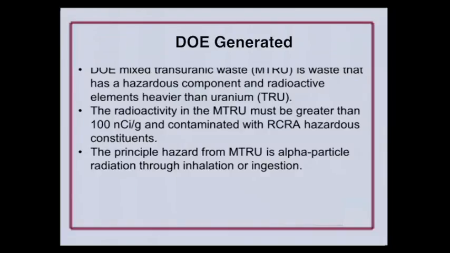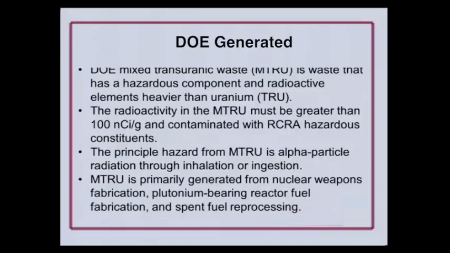But the hazardous waste is also still there as a hazard. Generally generated during nuclear weapons fabrication, plutonium-bearing reactor fuel, spent fuel reprocessing, all those things we described when we were going through high-level waste reprocessing and using the chemicals and pulling the nitrates out and dissolving the cladding and all that stuff. That's where this came from.